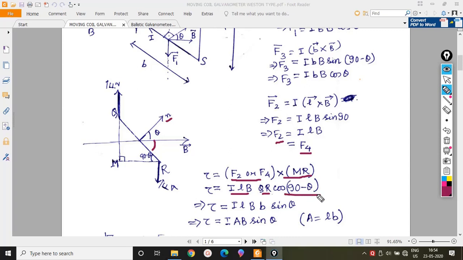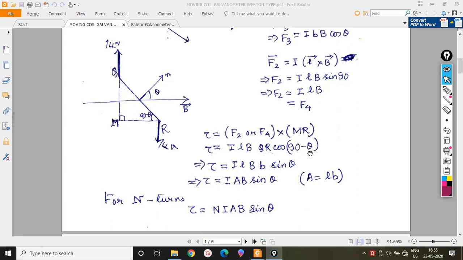So MR can be written as QR cos 90 minus theta, because MR is your base and QR is the hypotenuse of that triangle QMR with respect to the angle R. So you will see that here tau is ILB times QR cos 90 minus theta.